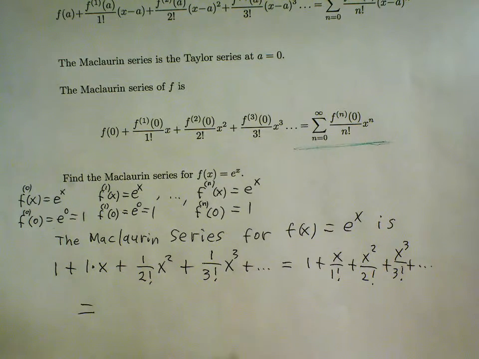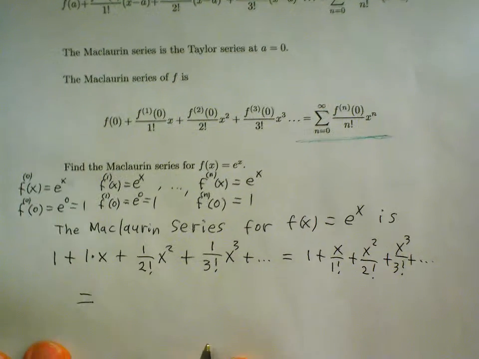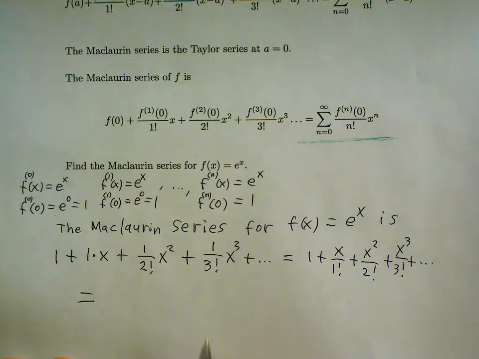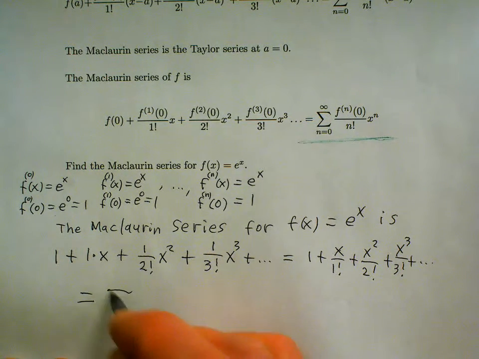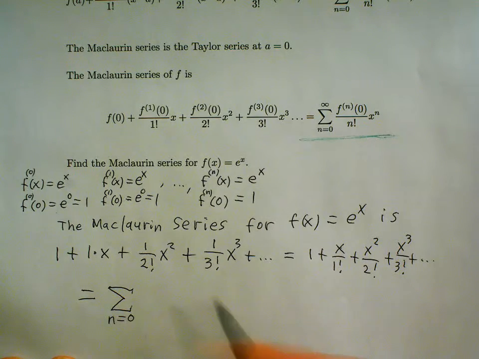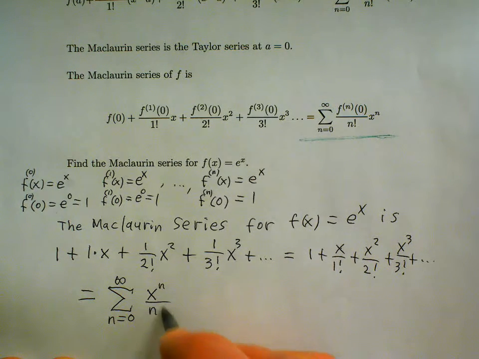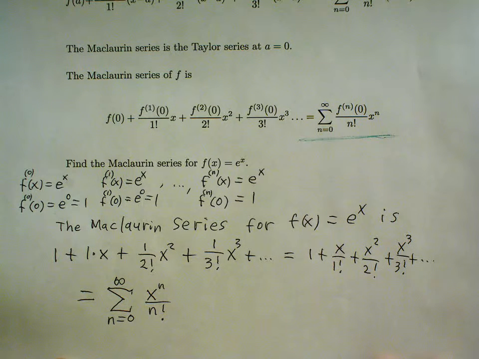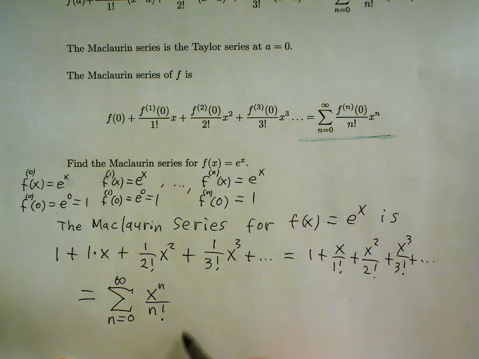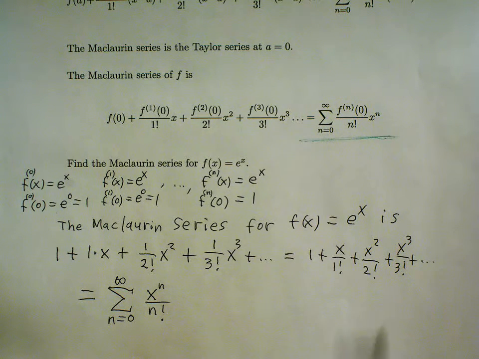And so in sigma notation, the Maclaurin series for f of x equals e to the x, if we start at n equals 0, we can write x to the n over n factorial. Okay, that is the Maclaurin series for e to the x.